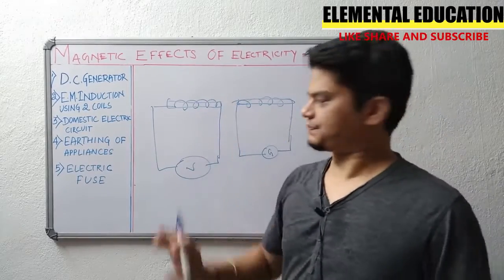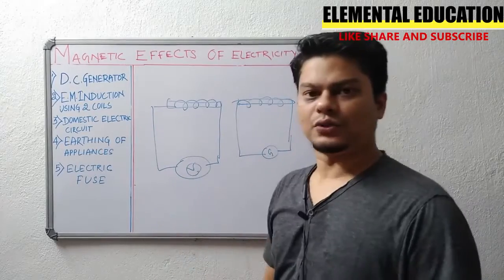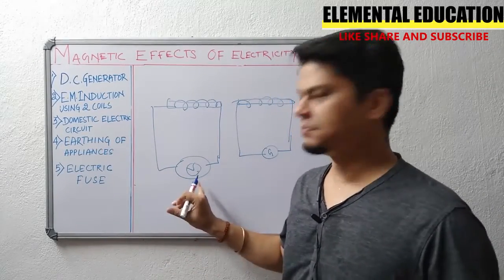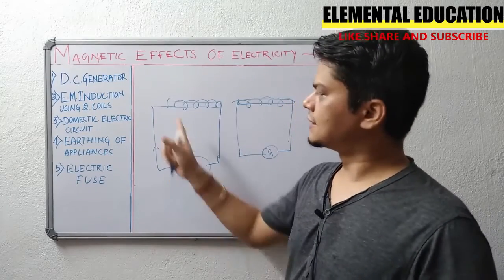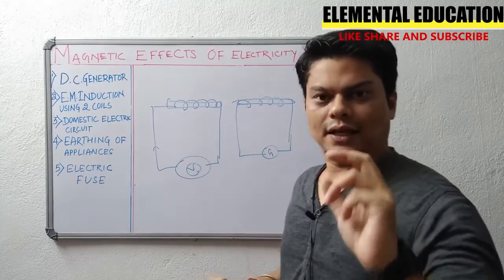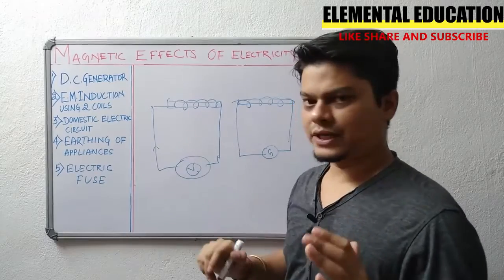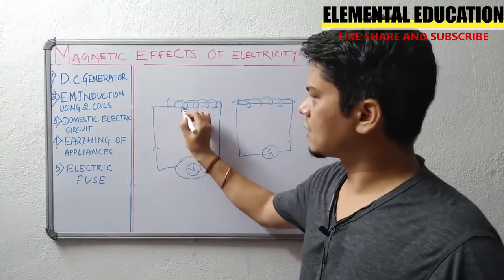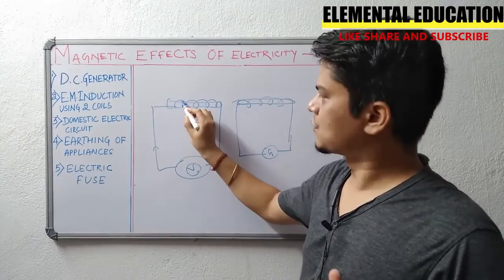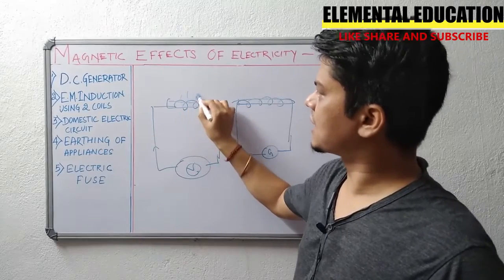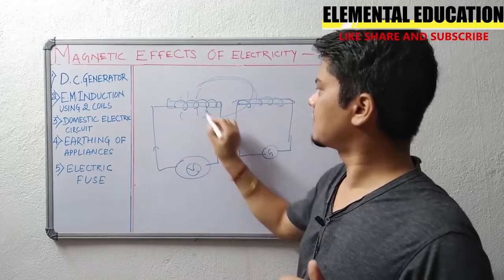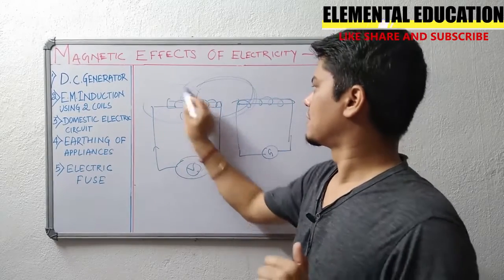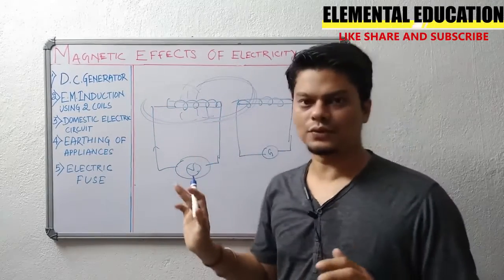We know that if I pass a current through a coil or a wire, a magnetic field is created around it. The coil has so many turns, and these turns create a magnetic field. The field will behave this way, travelling from north to south.